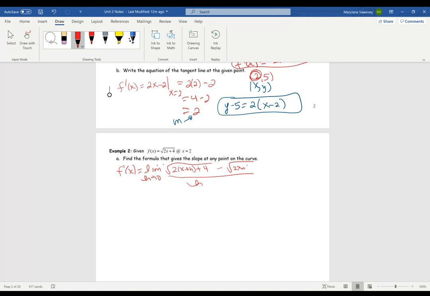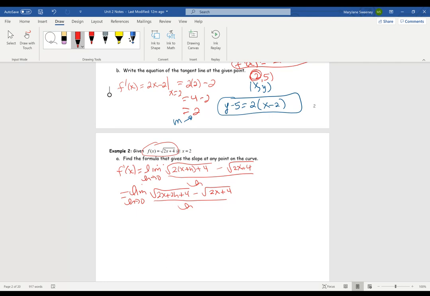Oops, sorry. This is f of x, square root of 2x plus 4. Okay, so I'm going to distribute on the top: square root of 2x plus 2h plus 4 minus square root of 2x plus 4, all over h.